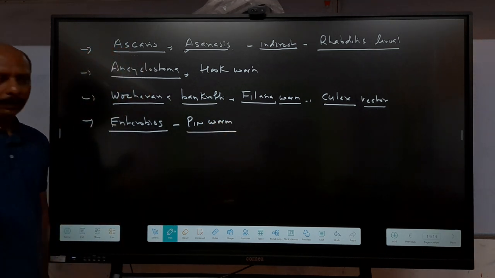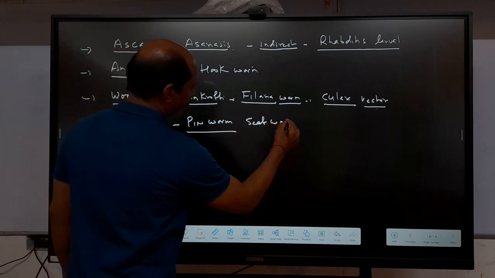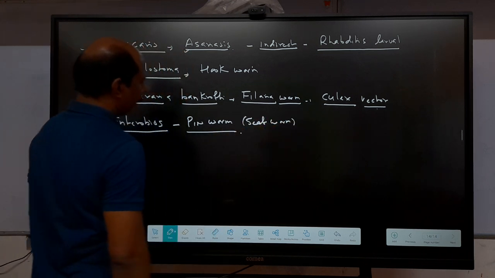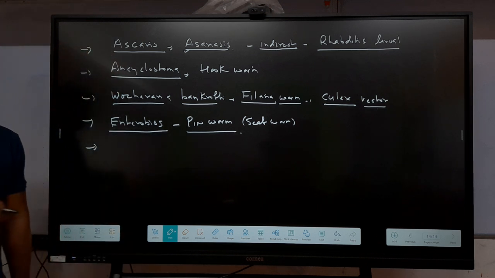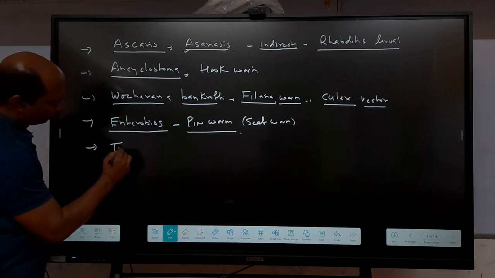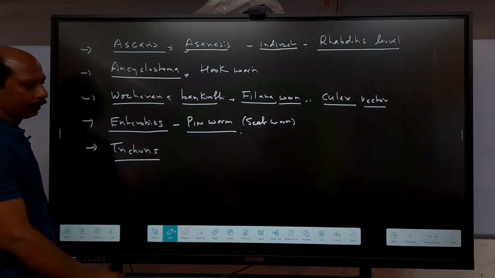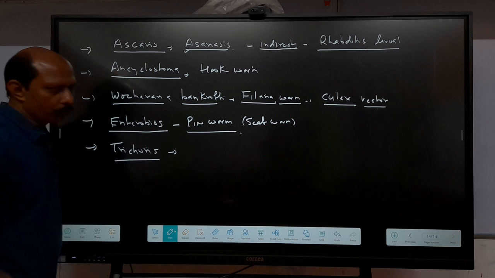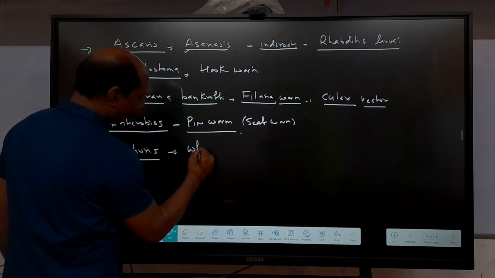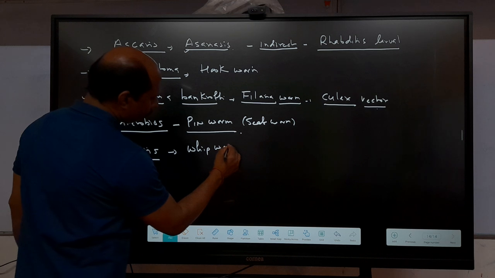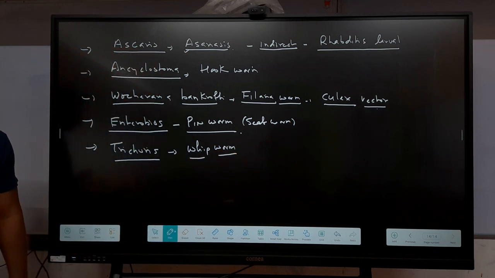Sometimes it is also called seatworm. Another one we have is Trichuris. This Trichuris is called whipworm because it looks like a whip, right? Trichuris.